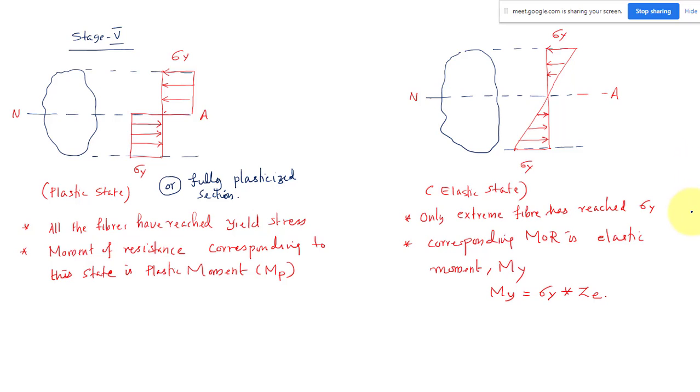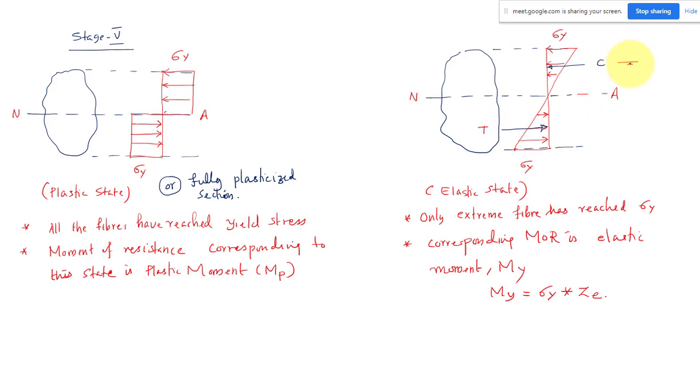So how will you find the moment of resistance? We will discuss that. Usually, if you have the stress block, this is my compressive stress. I can find out the compressive force that will be acting at the CG of this stress block, and this is my tensile force.